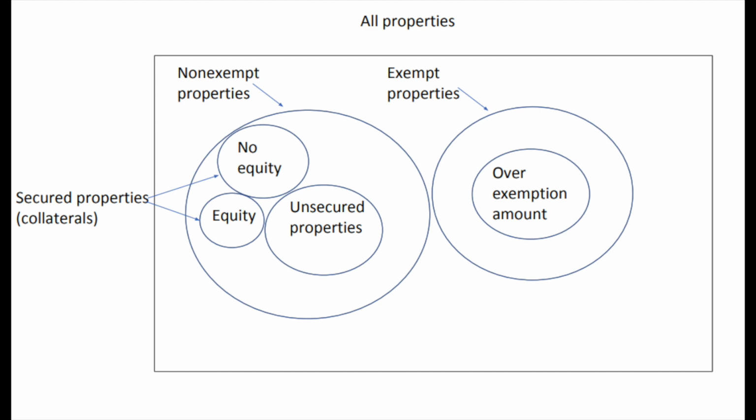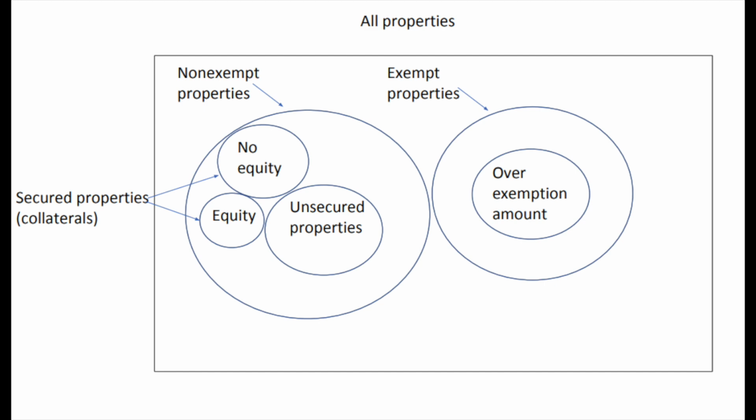So let's pull out the old Venn diagram to do that. Here we have in the rectangle the universe of properties that you own, and the law divides your properties into two groups, namely exempt properties and non-exempt properties.